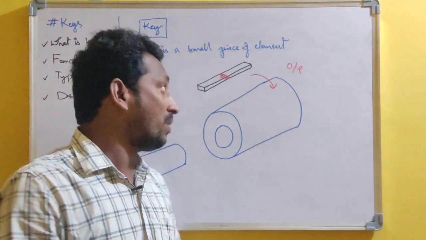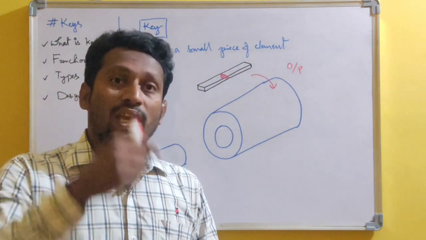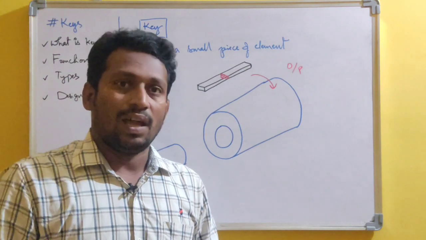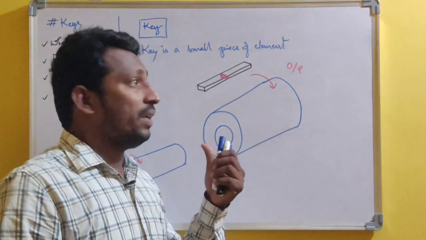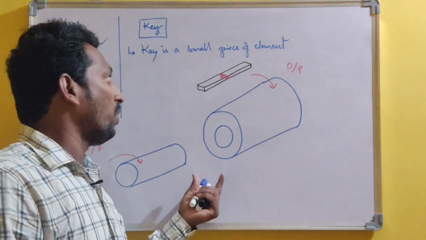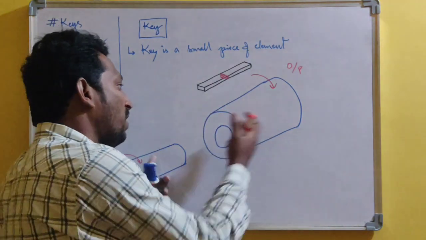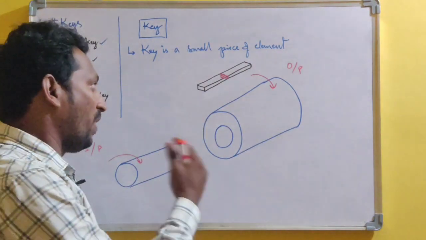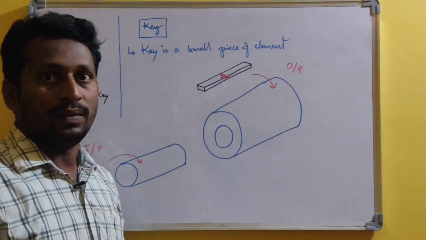We can also make a hole common to both the shafts and keep a screw fastening, which means nut and bolt. But in this case of design of keys, we have to keep the key here. With the help of the key only we make the joint between the two shafts, and finally transmit the power from this input shaft to the output shaft, right?